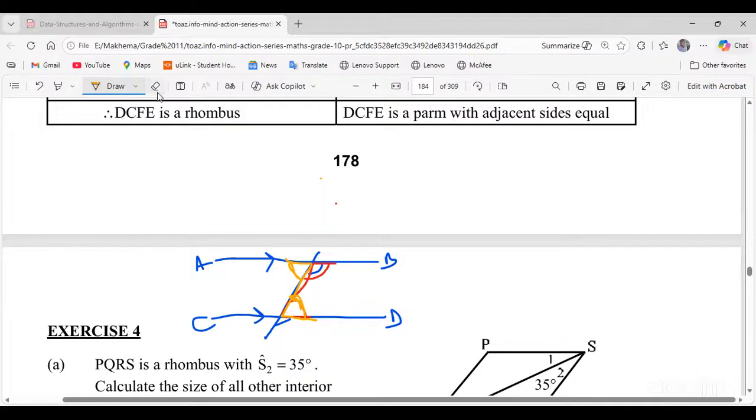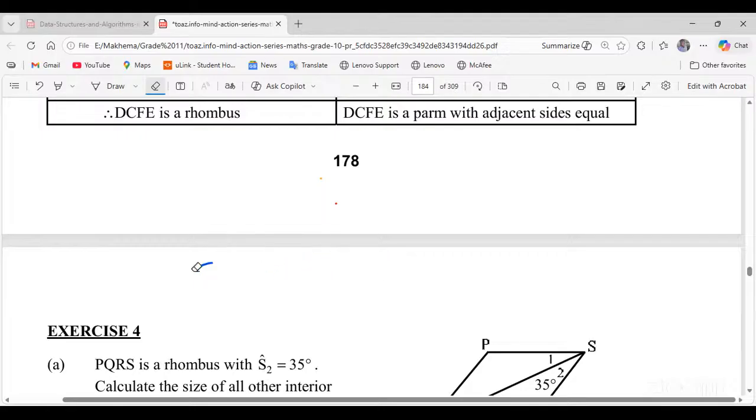That's what you have to know. You always have to state the parallel lines when you use those three reasons: corresponding angles, alternate angles, and co-interior angles.